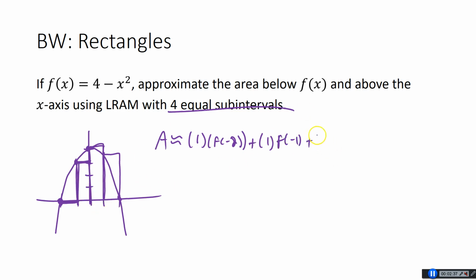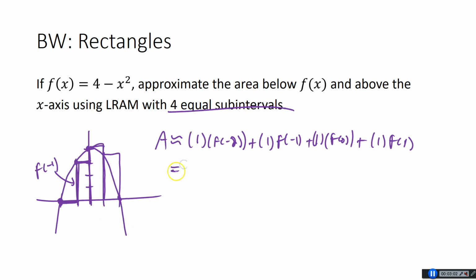Plus 1, they're all a width of 1, times f of 0. Plus 1 times f of 1. That's it. We have 4 rectangles, and we're using the function to figure out the height, because the height is according to the left side, and in this case that'd be f of negative 1, for example. Each one has a function value, a height, and a width.